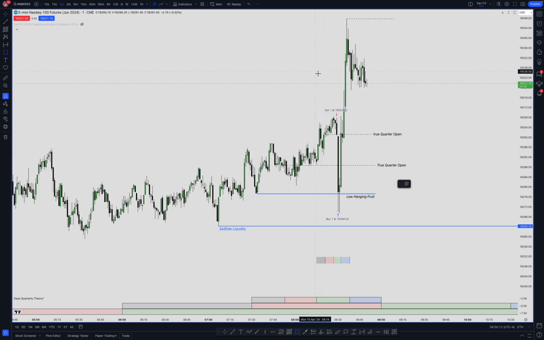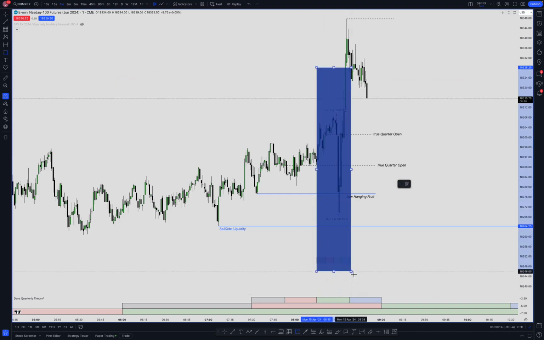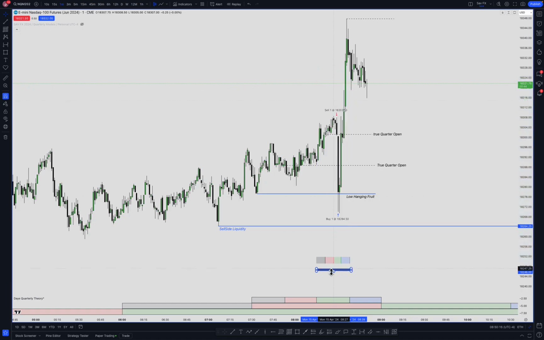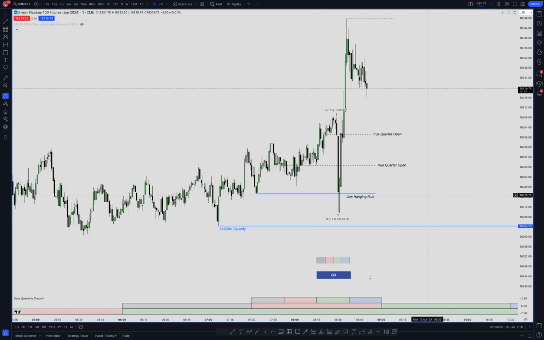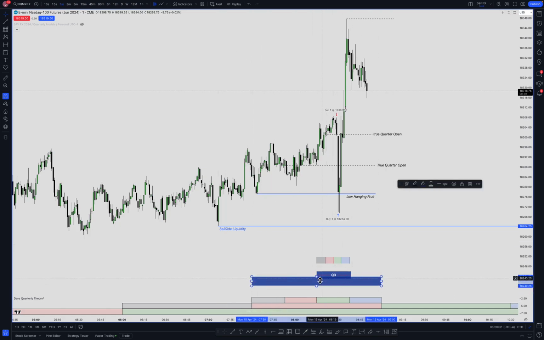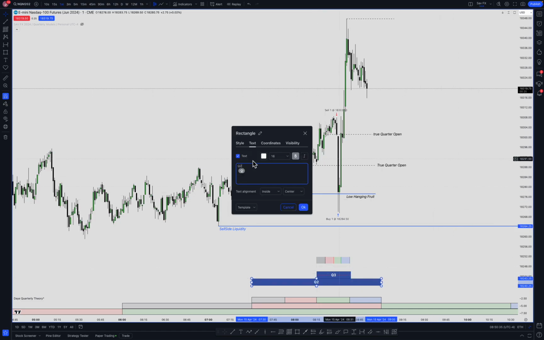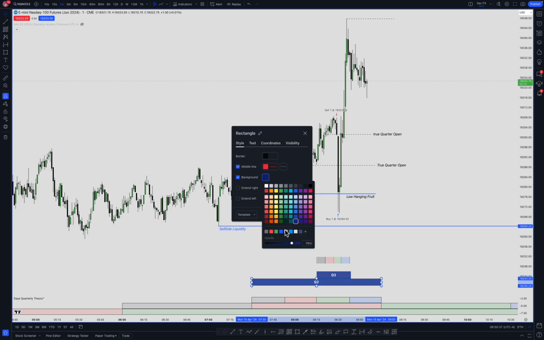Ideally, this range right here. This is Q3, right? Of Q2.